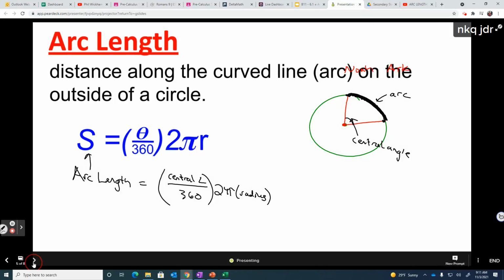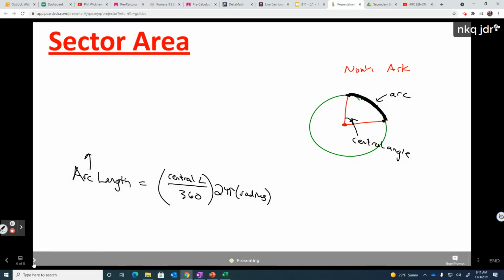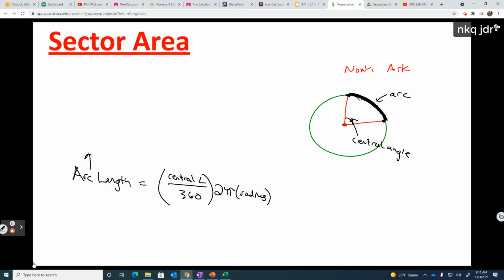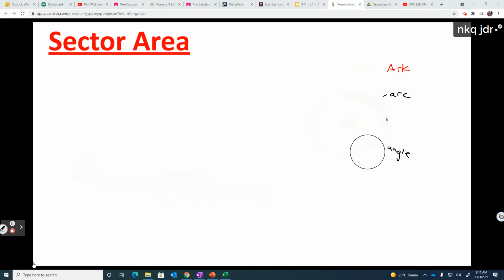So the other one that we have is called sector area. It's almost the same thing.